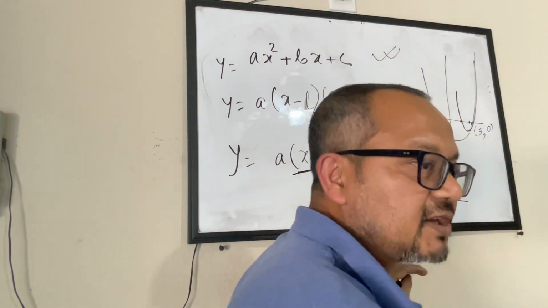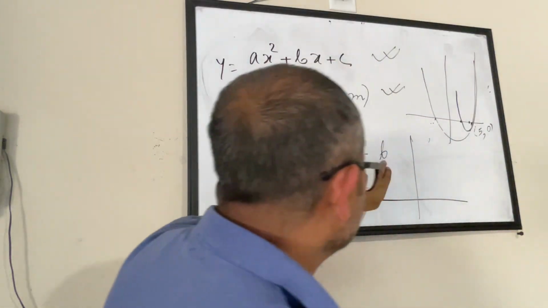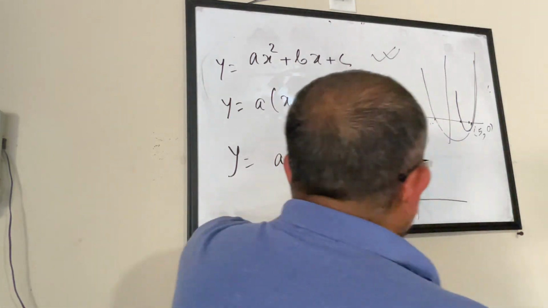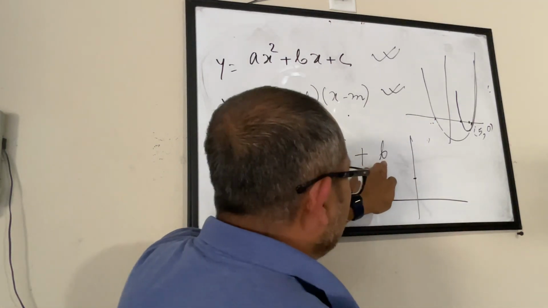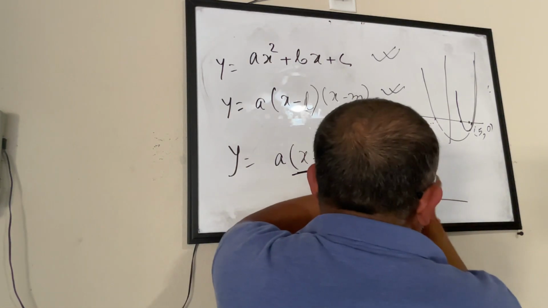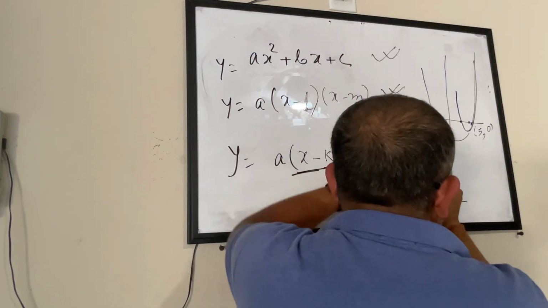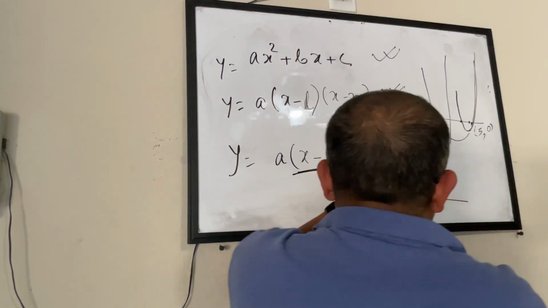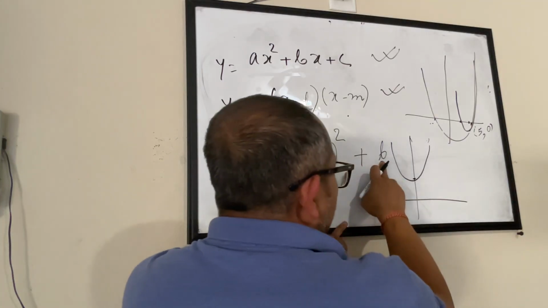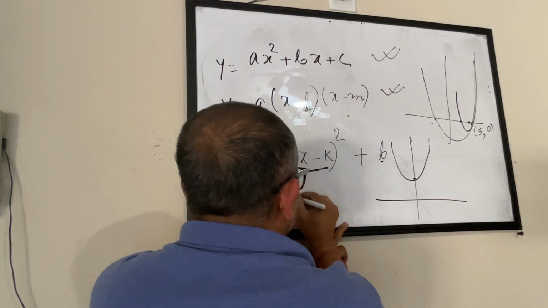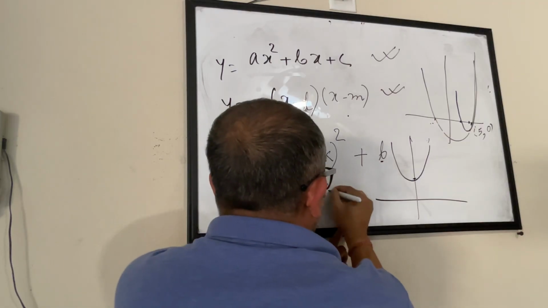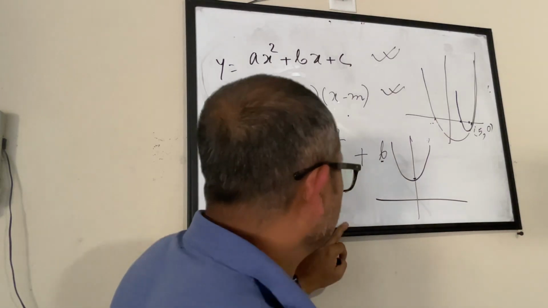If you look at the vertex form, this tells you the value of y, meaning the y coordinate of the vertex. Let's say this is in the form of 2 times (x minus 4) squared plus 3.